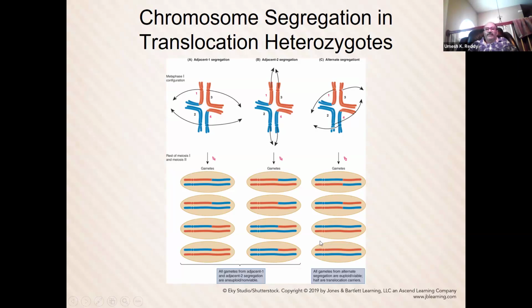So you can find 50% of the gametes normal, whereas 50% of the gametes have undergone this kind of translocation. So even in the translocation parent, quadrivalent is forming, but the way they get separated can still form normal gametes.